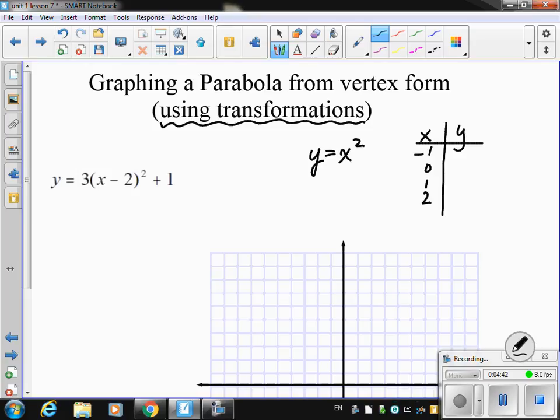So negative 1 squared is 1, 0 squared is 0, 1 squared is 1, 2 squared is 4. I know my step pattern starts at 0, 0, over 1, up 1 in both directions from the vertex, over 2, up 4 in both directions, and so on. I have my basic parabola.